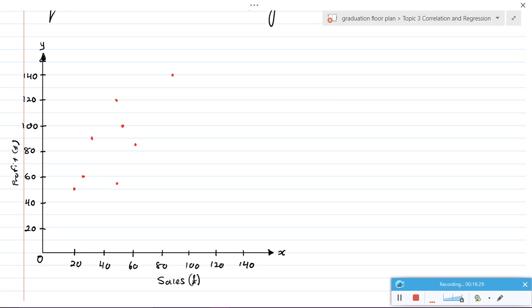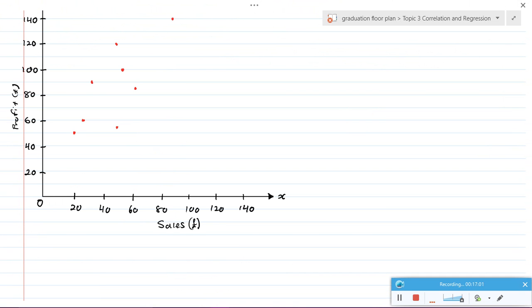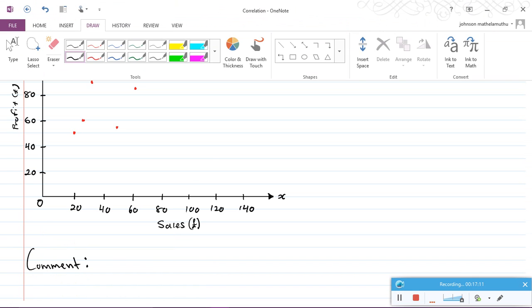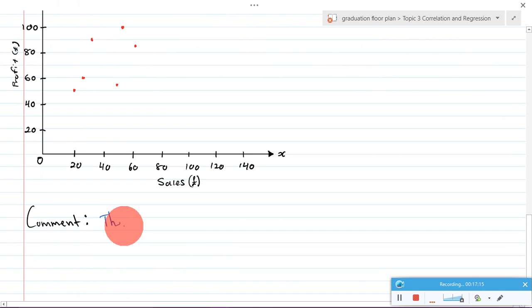It's going up, so it comes under linear positive. So the relationship between sales and profit is linear positive.